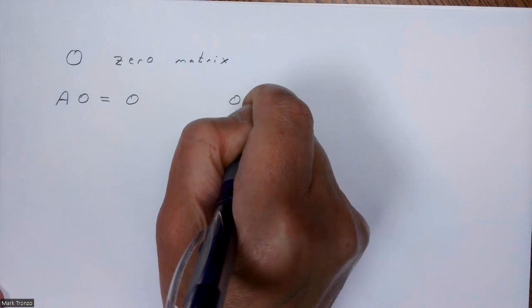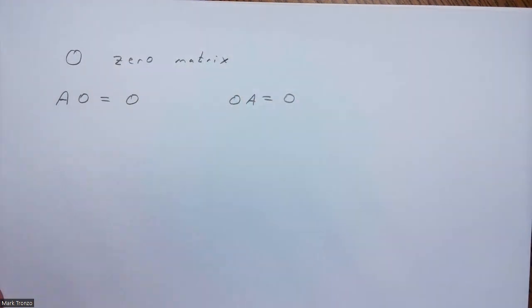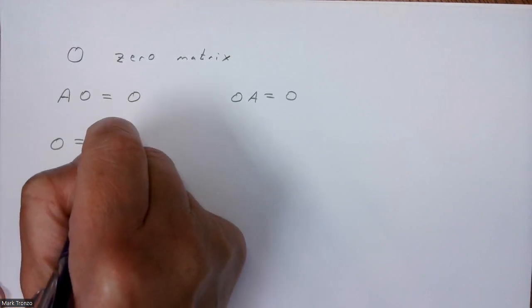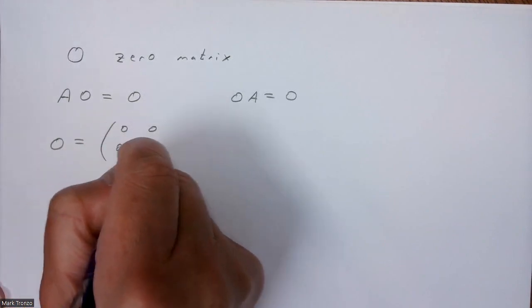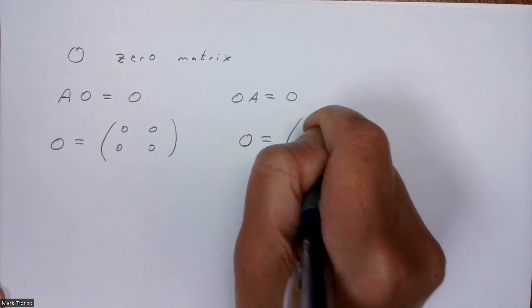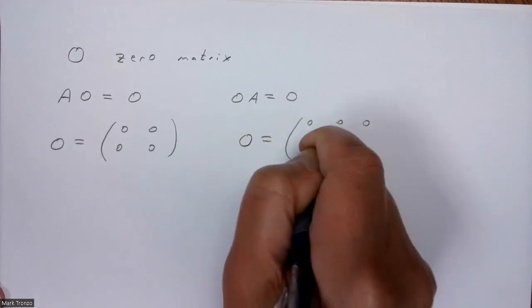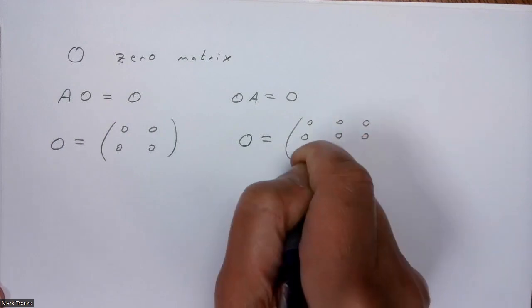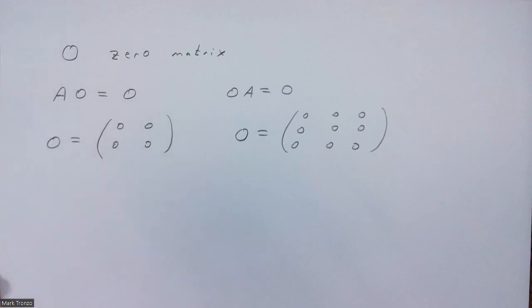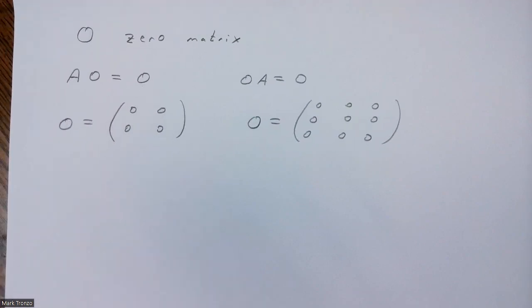Or if you take 0 times A, you get 0. Again, the zero matrix may be a 2x2 or a 3 by 3, or 4 by 4, etc., whatever size you want.